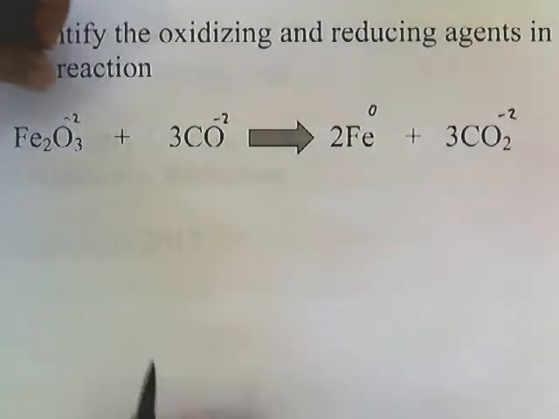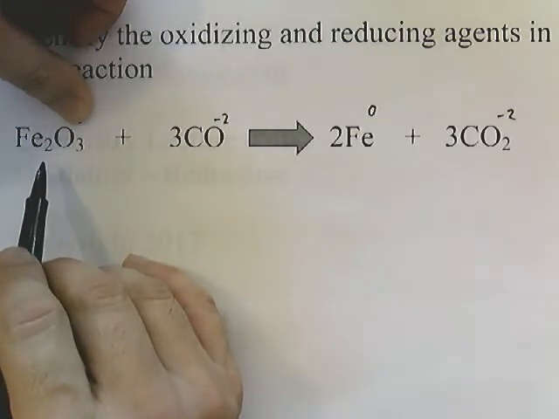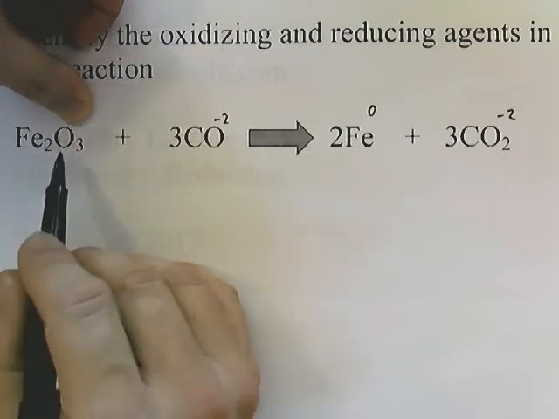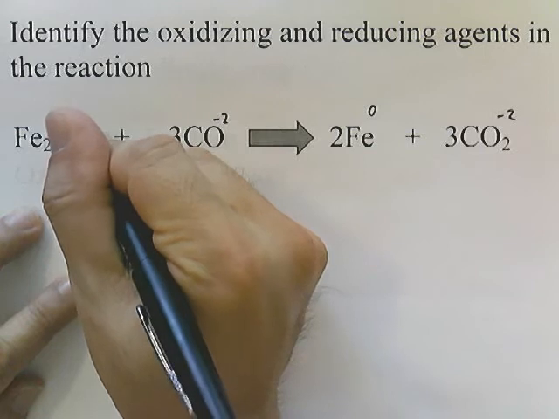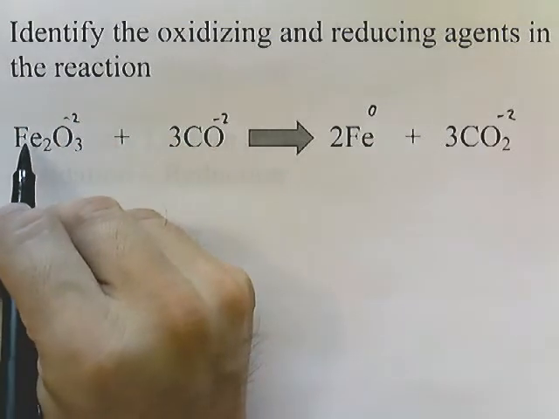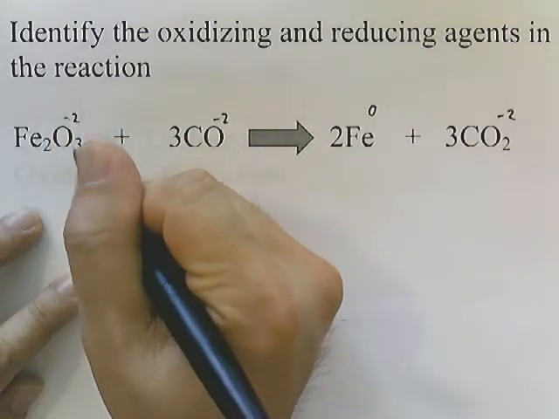Now when we originally started, this was a neutral molecule. So that means when you add up all the charge, it has to equal 0. So oxygen has a -2 charge. 3 times -2 is -6. So what does the charge on iron have to be to cancel the -6 charge that we get from the 3 times -2?